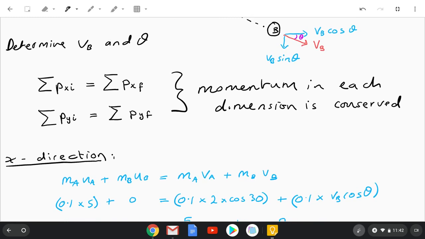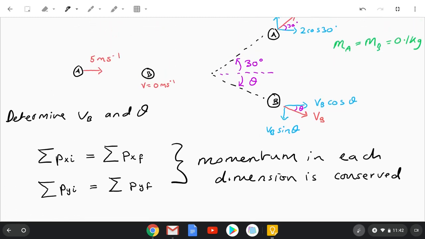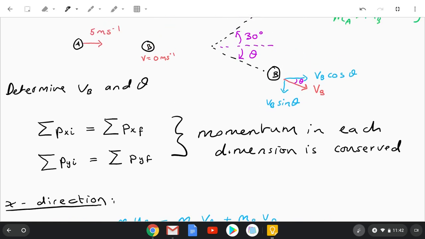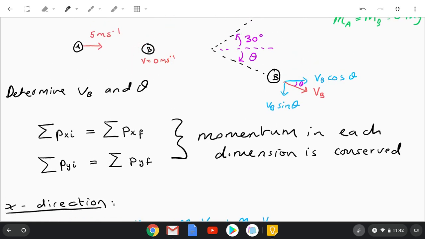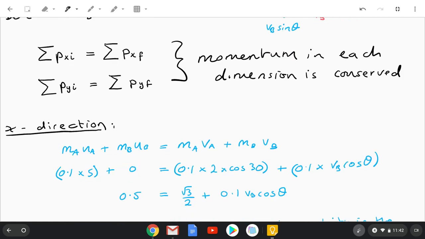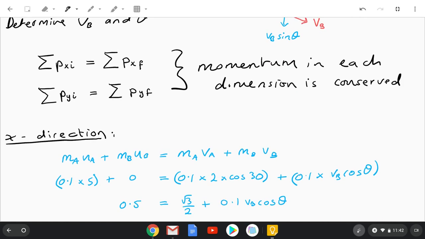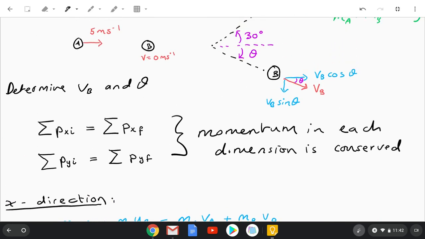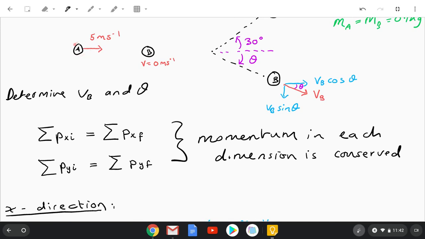The momentum before the collision of object A is the mass of object A, which is 0.1, times the velocity of 5 meters per second. Object B is not moving, so the momentum is 0. Remember, this is the x direction, and object A is moving in the x direction.